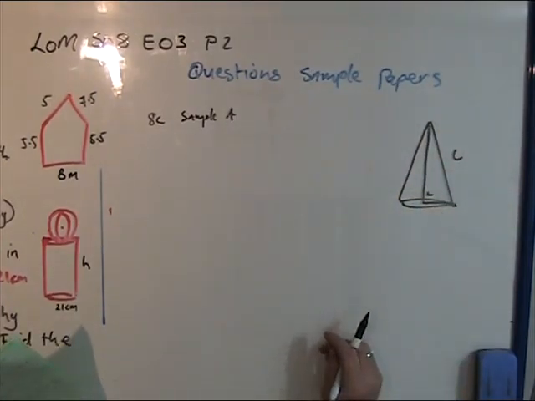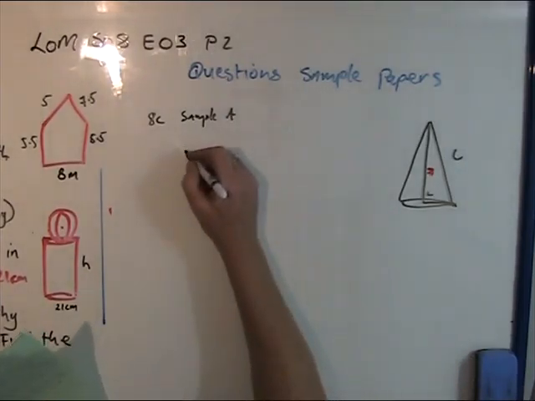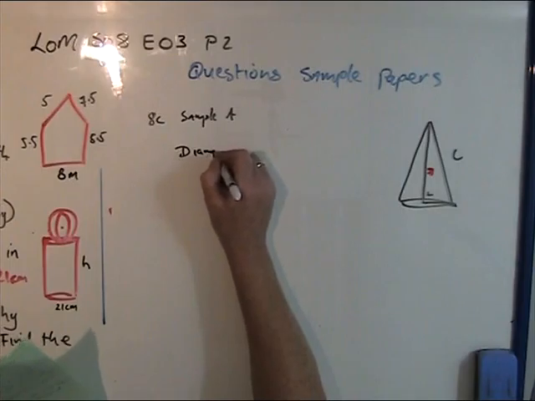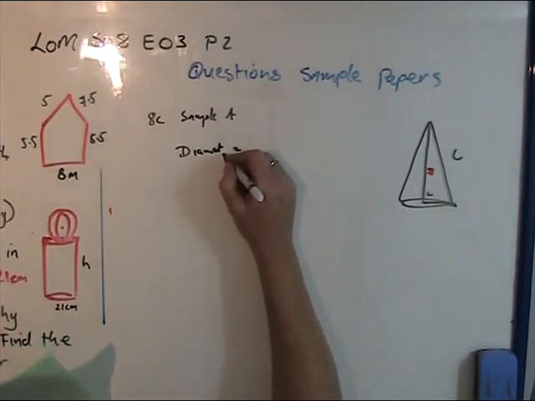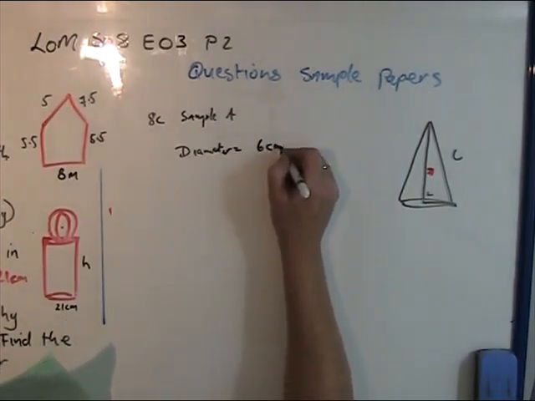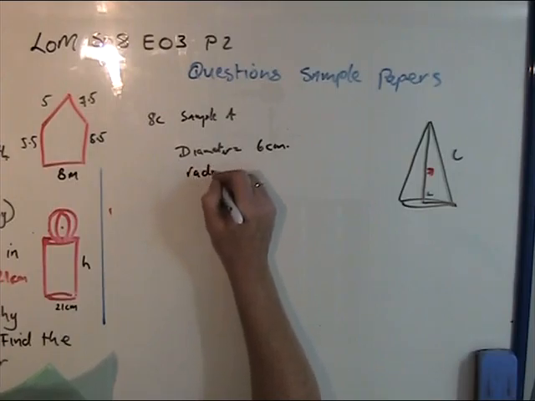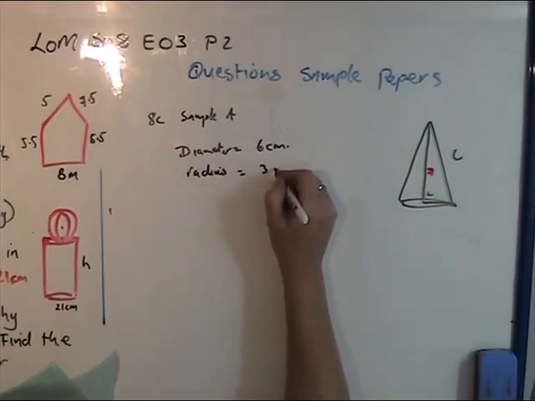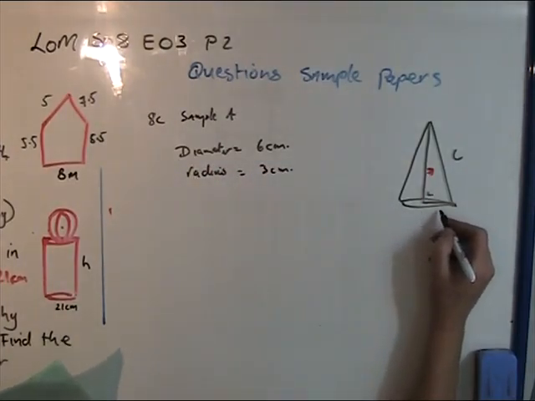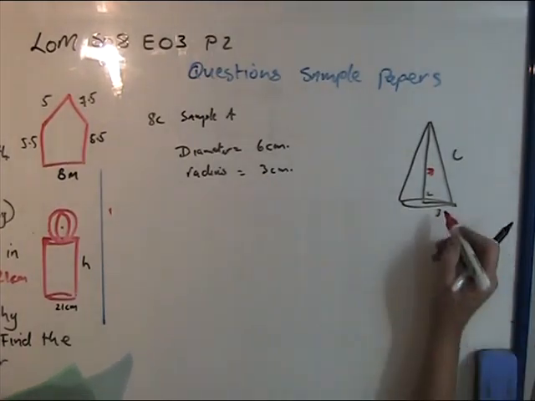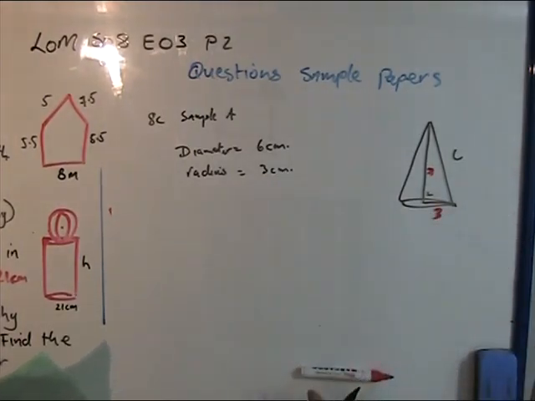And the diameter of the base is 6 centimeters, and the radius therefore is half that, which is 3 centimeters. So the radius is 3, all in centimeters. Find the volume of the candle wax.